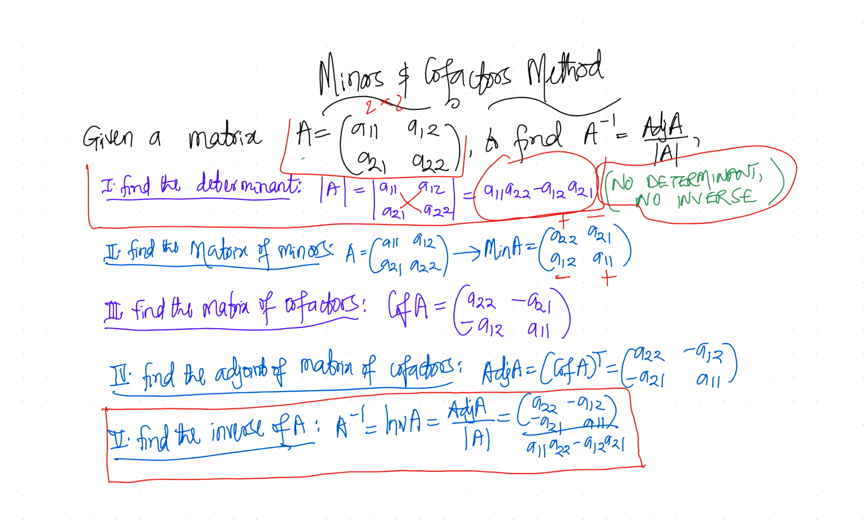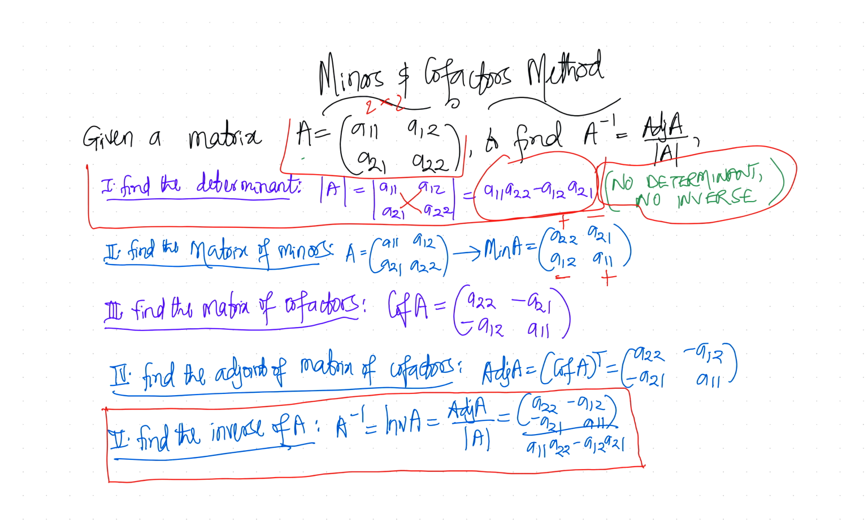So now that you've found the determinant, the next thing you want to do is to find the matrix of minors. How you find the matrix of minors is very close to what you do when you are looking for the determinant of a 3 by 3 matrix. The idea is that each element of your matrix has a minor.